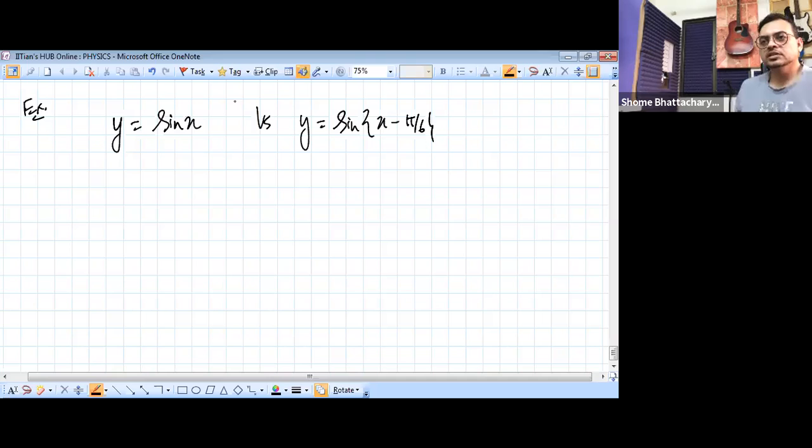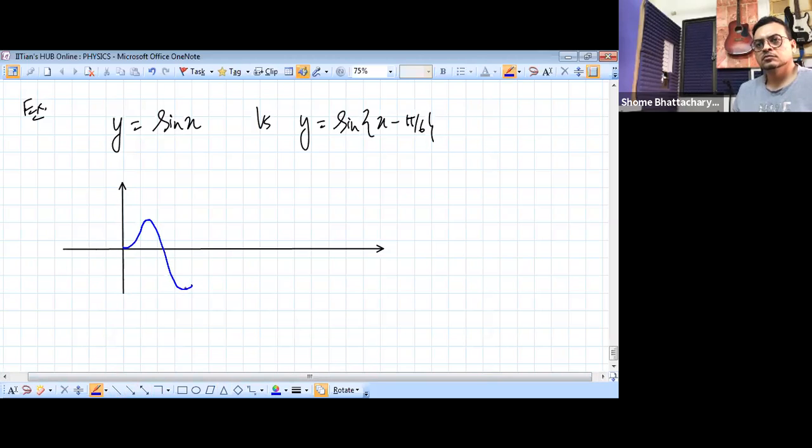Okay, so you understand here. Our regular sine function is something like this.